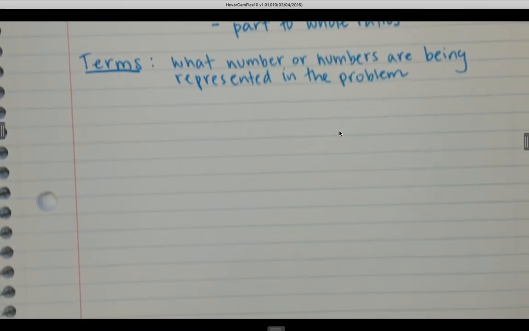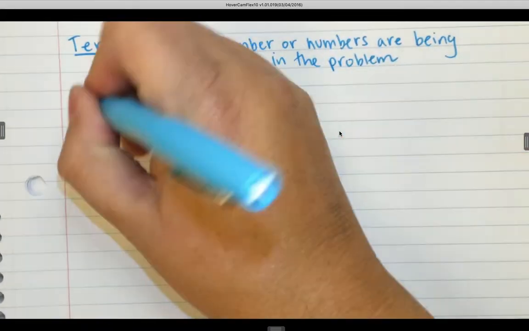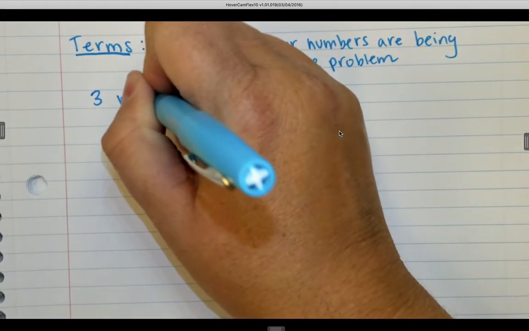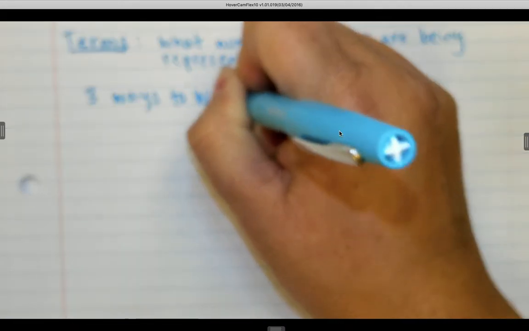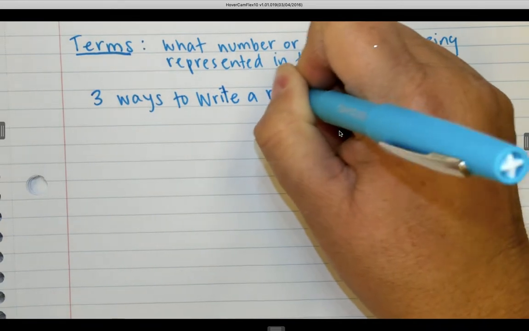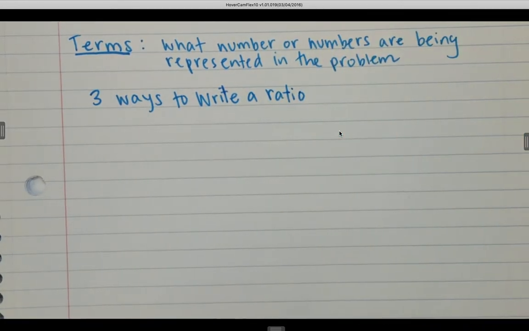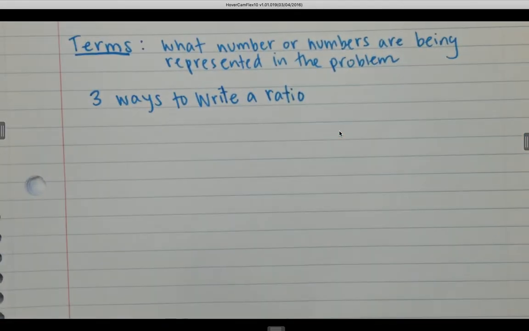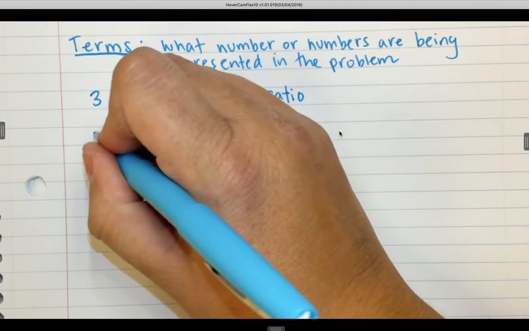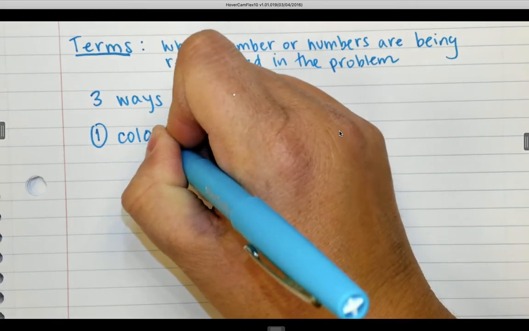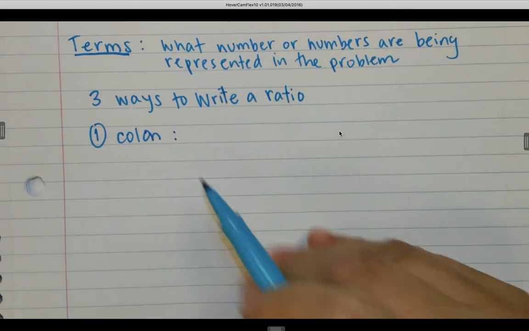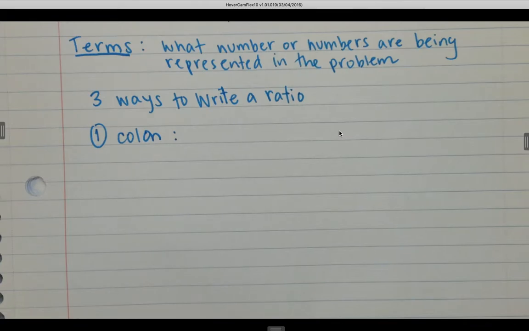All right. There are 3 ways to write a ratio. You'll see 3 different ways to represent a ratio. And the first way is with a colon. And a colon is 2 dots like we use in time.